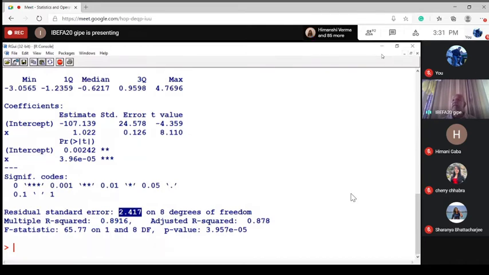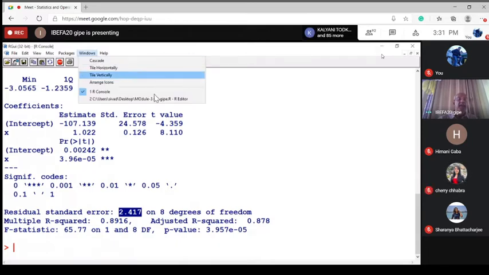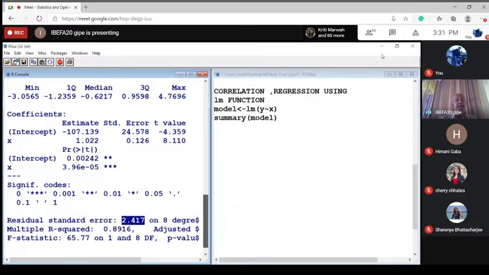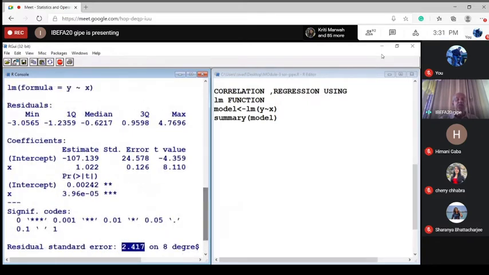Then what are the other numbers? They are the numbers derived through probability to test the validity of your analysis, to speak about whether your sample data gives a good model or a poor model.